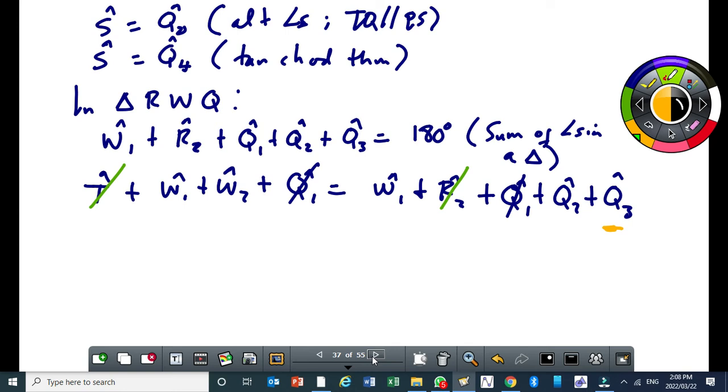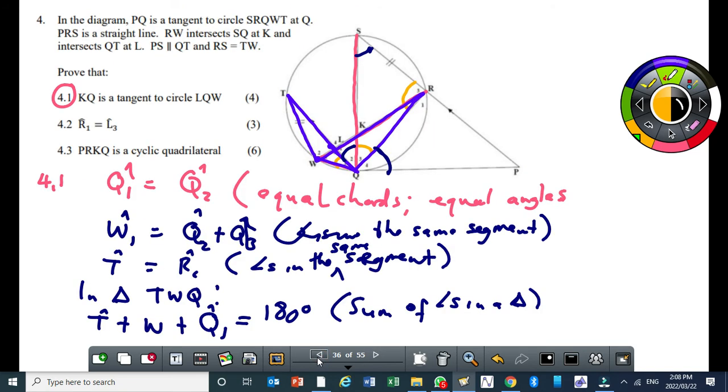I need to prove that this W1 is equal to Q2. So what that means is if I add W1 and Q3, I must get W2. Let's see if that's possible.